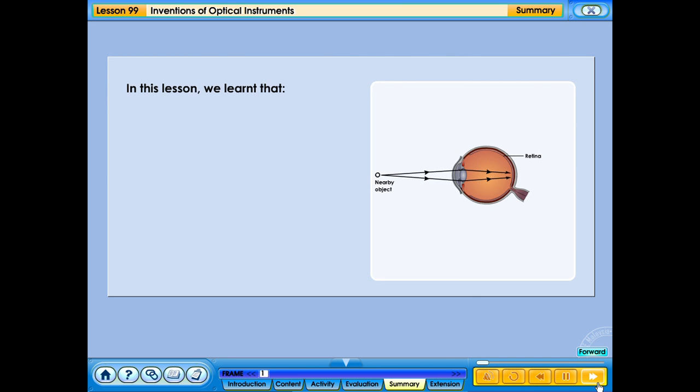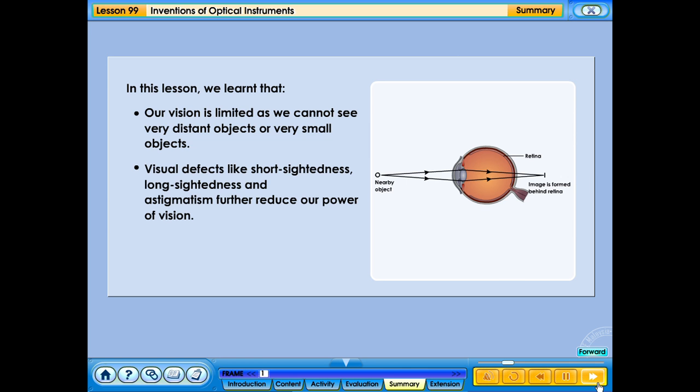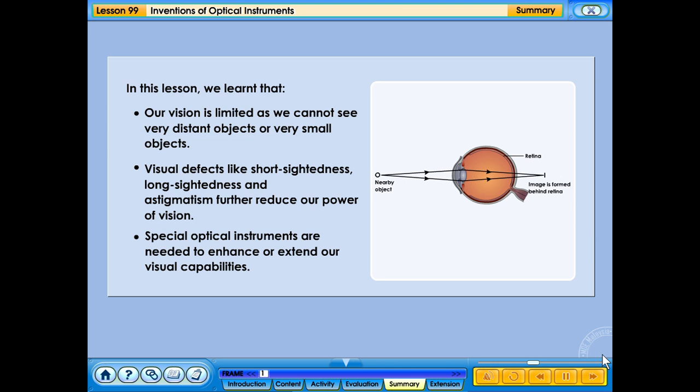In this lesson, we learnt that our vision is limited as we cannot see very distant objects or very small objects. Visual defects like short-sightedness, long-sightedness, and astigmatism further reduce our power of vision. Special optical instruments are needed to enhance or extend our visual capabilities.